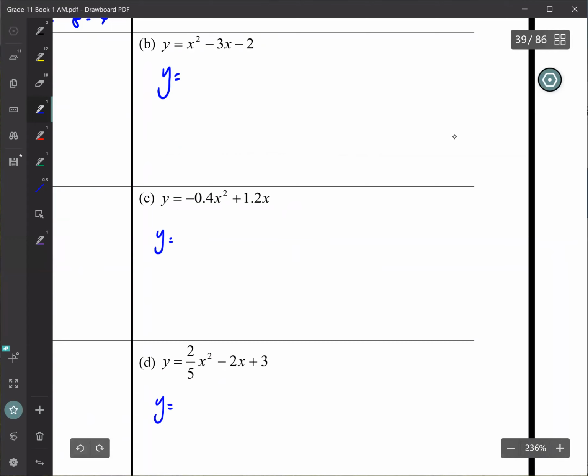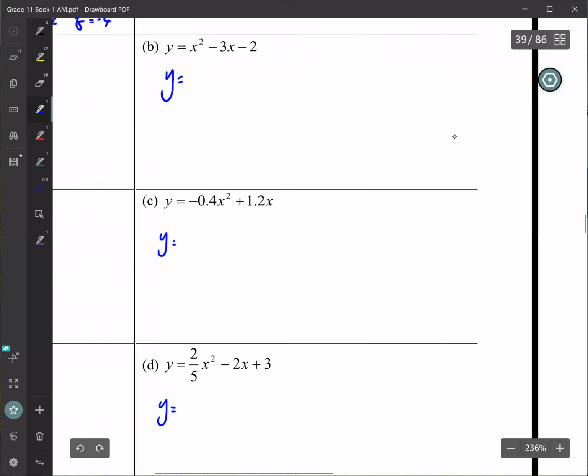If the question has decimals, like question C has decimals, then you leave your answer in decimals. Like question D has fractions, then all your numbers, please leave them in fractions as well.